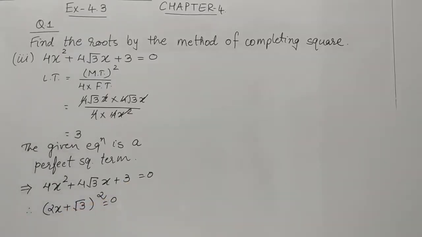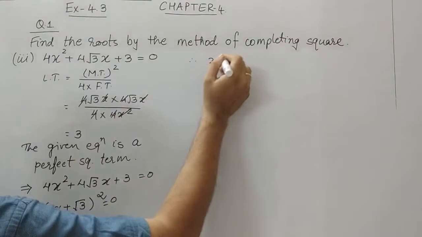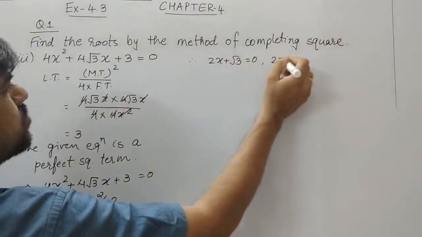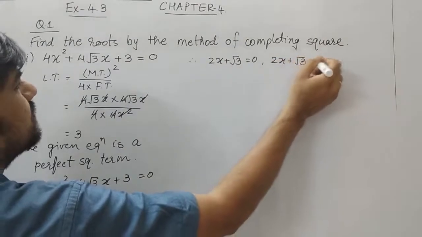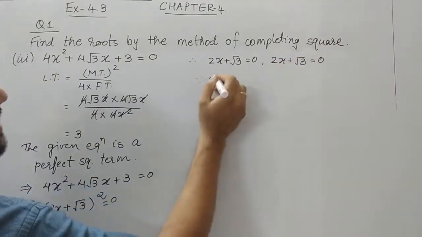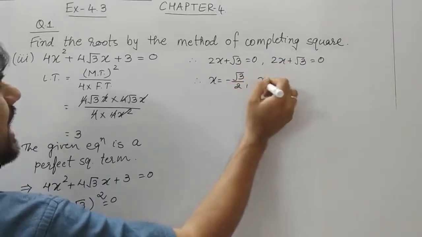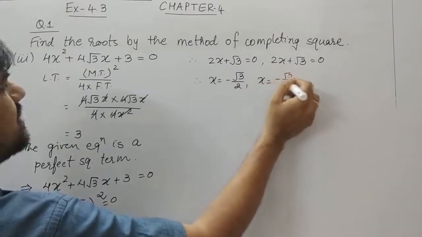So we can say that 2x plus root 3 the whole square is 0. So 2x plus root 3 is 0 as it is 2 times. 2x plus root 3 is 0. So the value of x which we obtain is minus root 3 by 2 and the value of x is minus root 3 by 2.